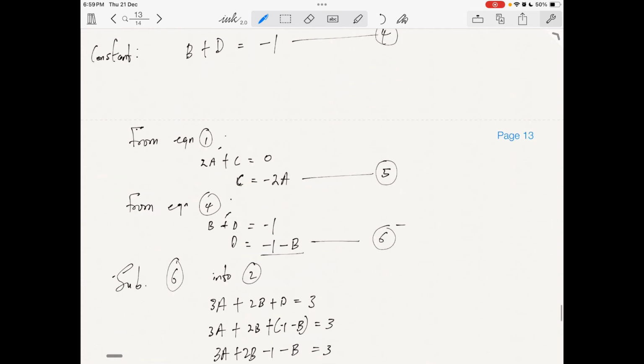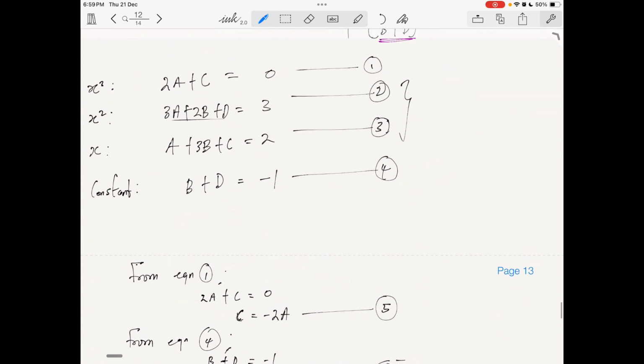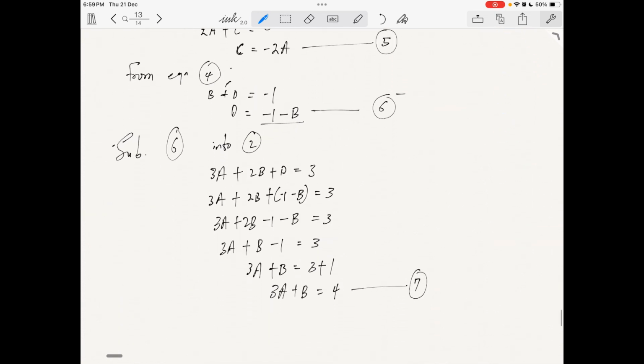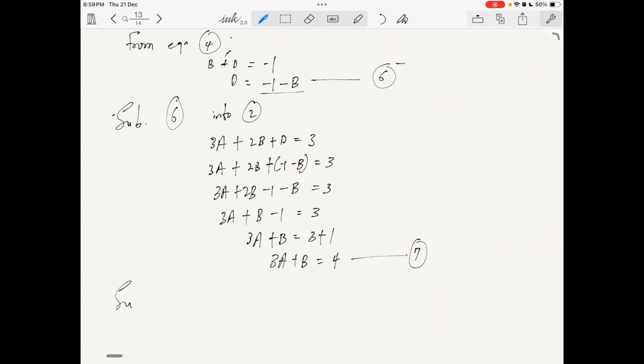So let's go back to our original equations. For equation 3 now, we have just c to be substituted, and we can see that c is equals to minus 2a. So let's substitute equation 5 into equation 3.